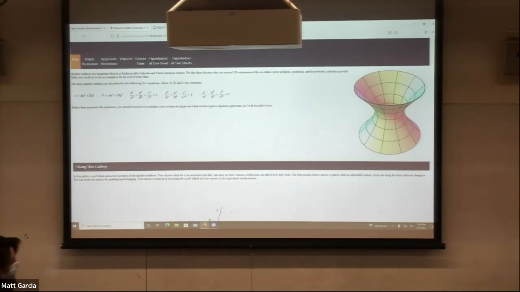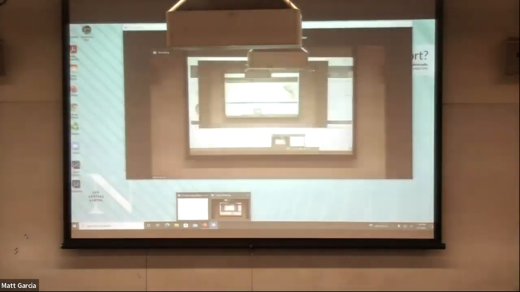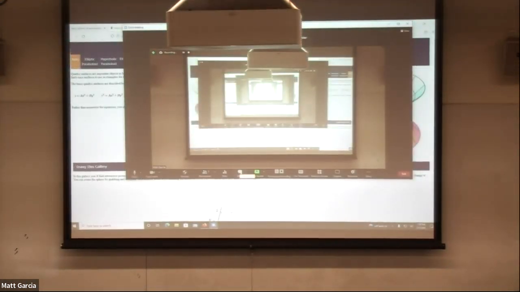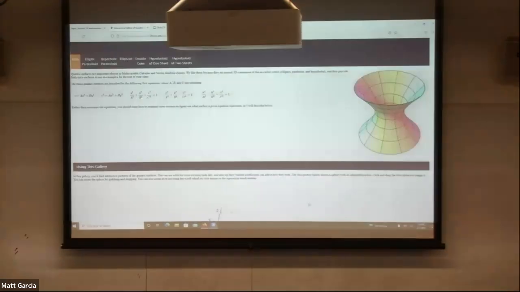So there's an analogy here with the conic sections, right? Who can remind me what the conic sections are? Sorry, I just want to make sure that we're unmuted here. Yep, everything's good. What are the conic sections from Algebra 2 back in high school?